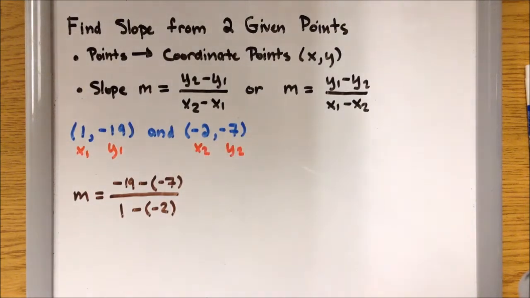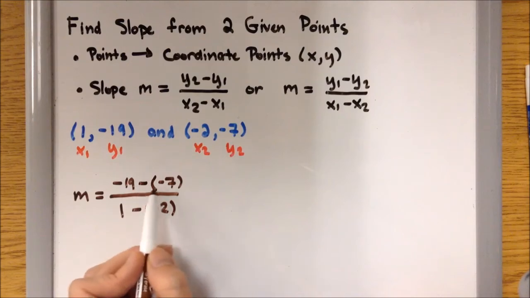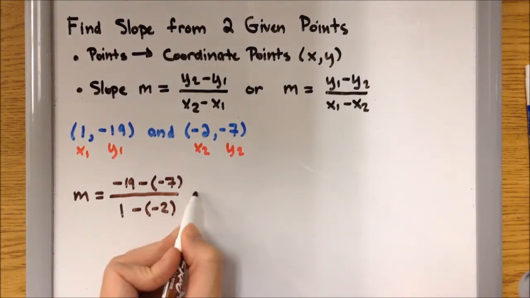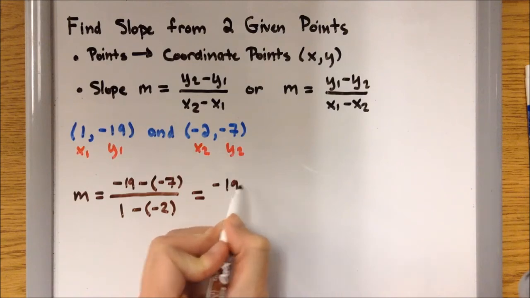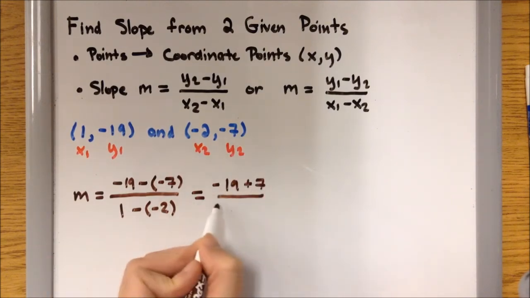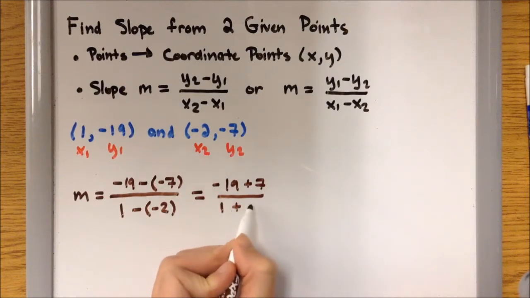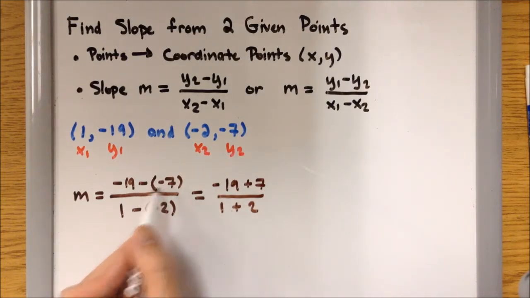Alright, next I'm going to simplify, since I have a minus next to a negative on the numerator and on the denominator. Negative 19 plus 7 over 1 plus 2. So that's all I did to change where I have the minus next to the negative.